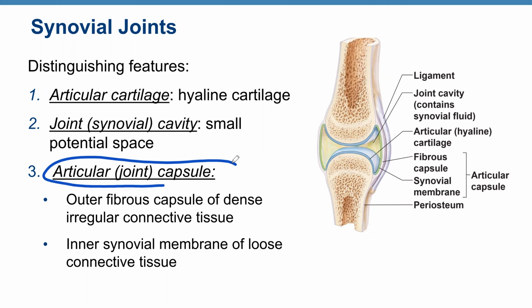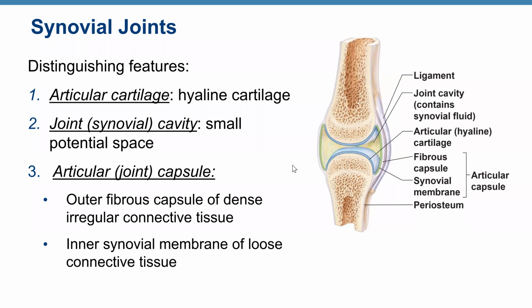So we must have a joint capsule. Joint capsule has an outer fibrous capsule of dense irregular connective tissue and an inner synovial membrane of loose connective tissue. Right, so these are three distinguishing features of all synovial joints: hyaline cartilage, joint cavity, and joint capsule. And within this joint capsule, inside we will have synovial membrane, and synovial membrane will secrete synovial fluid.